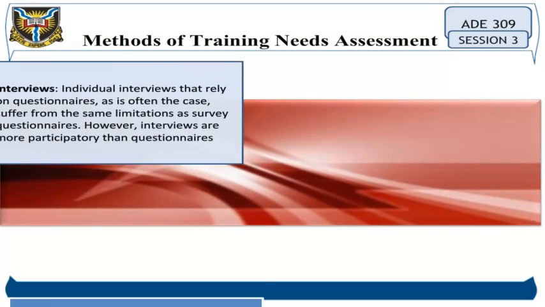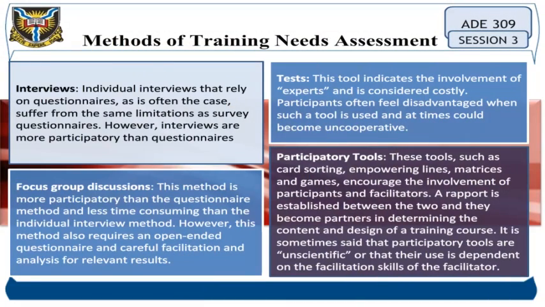2. Interviews. Individual interviews that rely on questionnaires, as is often the case, suffer from the same limitations as survey questionnaires. However, interviews are more participatory than questionnaires. 3. Focus group discussions. This method is more participatory than the questionnaire method and less time-consuming than the individual interview method.